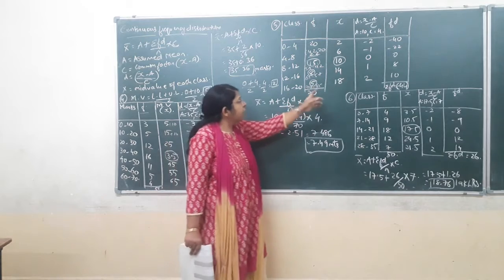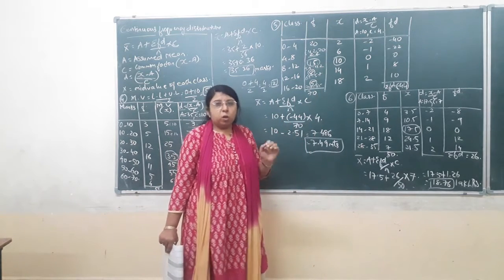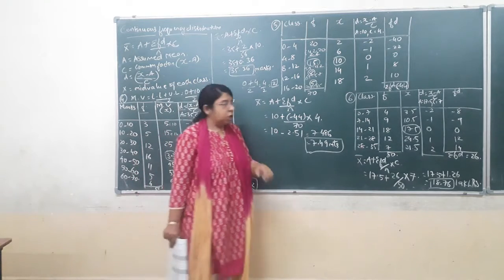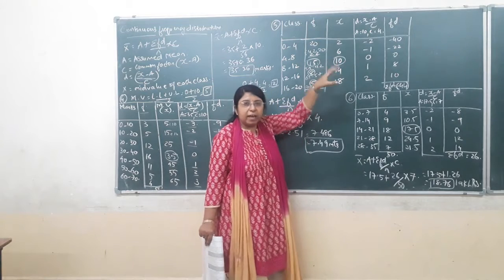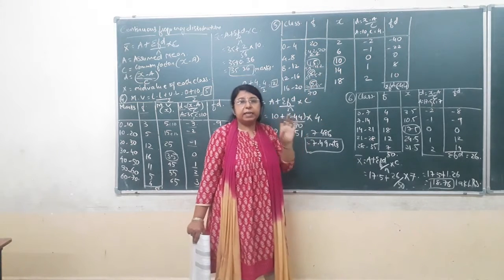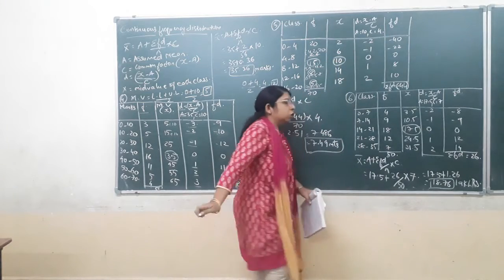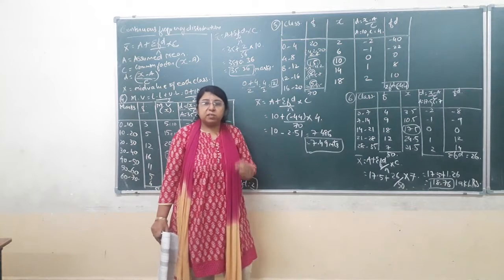Now after finding the value of x, the next column is d. What is the formula of d? That is x minus a upon c. Now what will we take as a? I already told that generally the middle value of x we take as a. So I have taken 10 over here. Students, I am repeating again, you can take any value of x as a.